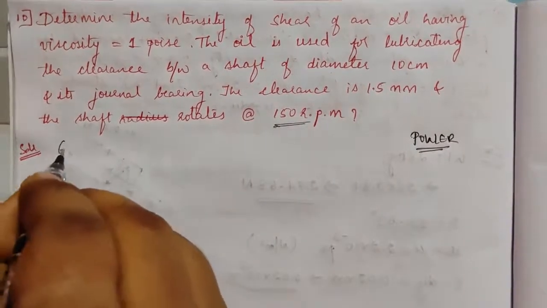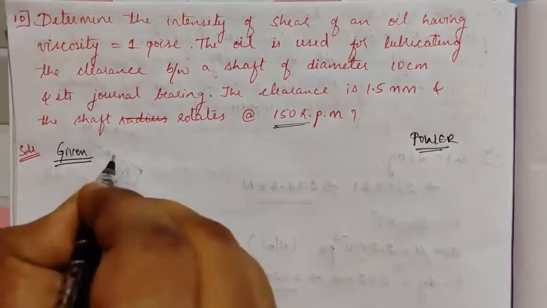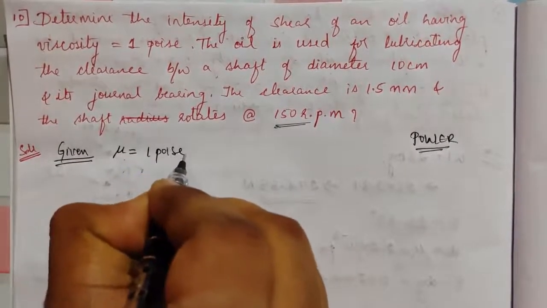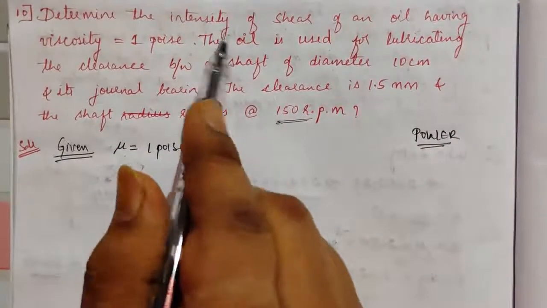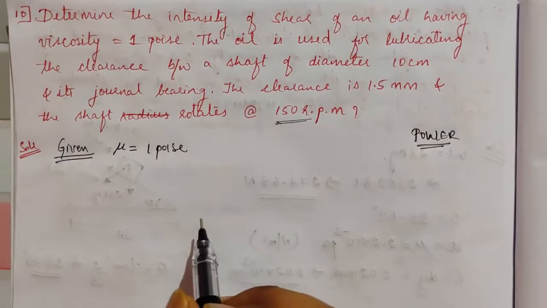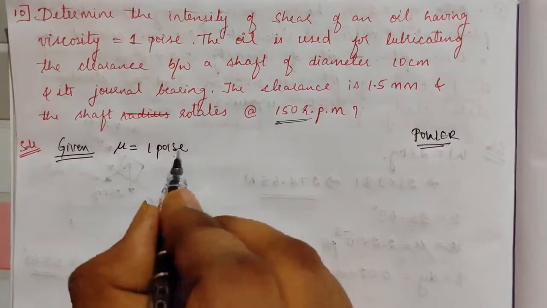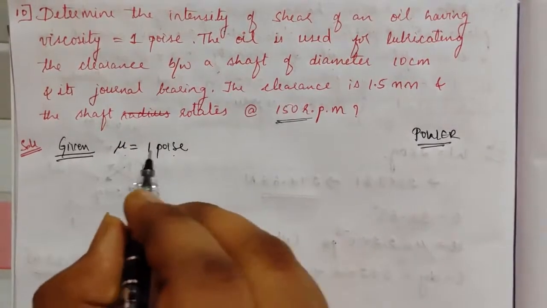First I will write the given data. Dynamic viscosity is given, that is 1 poise. We need to find the intensity of the shear, that is tau.